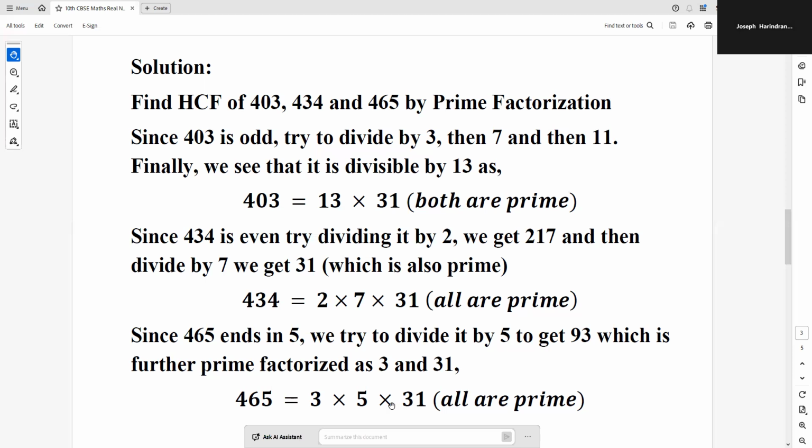It is always better to arrange the prime factors in the ascending order of their values. See, 3 into 5 into 31. All are prime here. Now we find that the HCF of these 3 numbers should be a common factor for all the 3 numbers, a prime factor that is common to all the 3 numbers, which is obviously 31 here.